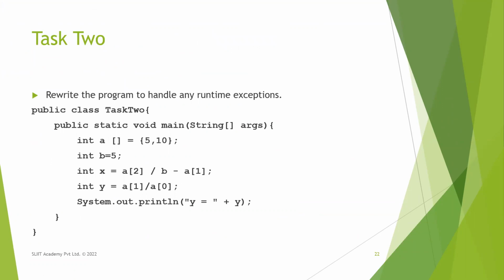Okay, let's try another example. This one has two types of errors, arithmetic and the other type. I'll give another 10 minutes. Try to figure it out and complete this task.